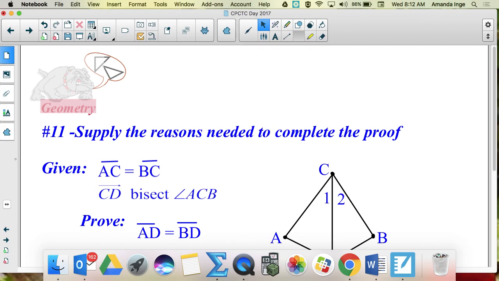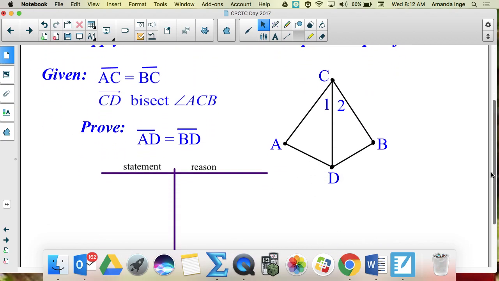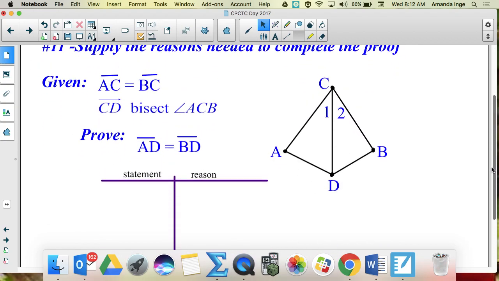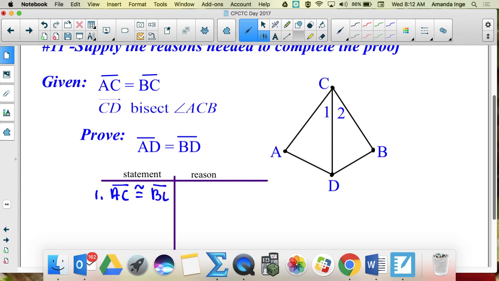On number 11, you're asked to supply the reasons. So the first statement obviously is AC is congruent to BC. That's given.